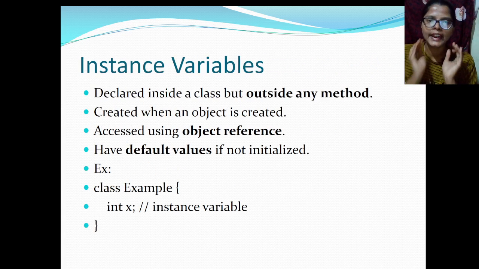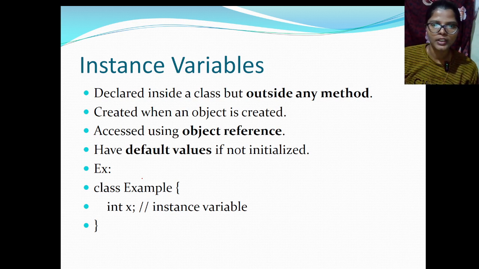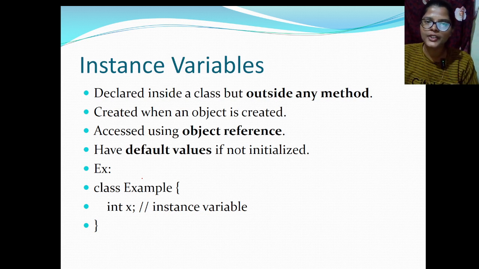A variable is just like a container which holds the data. We have to mention the type of data before the variable name, and we have to assign the value to the variable if it is a local variable. If it is an instance or static variable, no problem, we will get the default value. A local variable is accessed only inside the method.